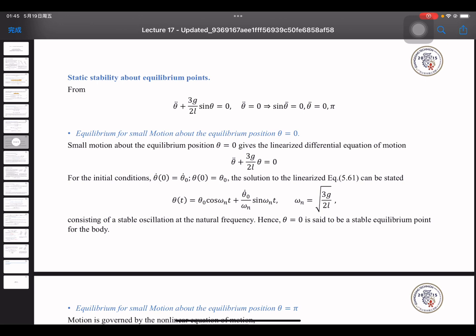For the initial conditions theta dot 0 equals theta dot 0 and theta 0 equals theta 0, the solution to the linearized equation 5.61 can be stated as theta of t equals theta 0 times cosine omega n t plus theta dot 0 over omega n times sine omega n t, where omega n equals the square root of 3g over 2L. This consists of a stable oscillation at the natural frequency, hence theta equals 0 is said to be a stable equilibrium point for the body.